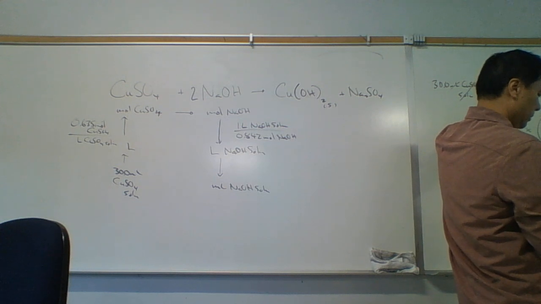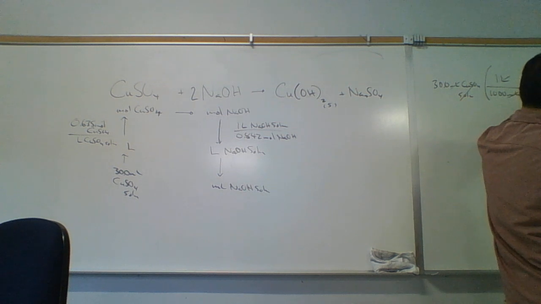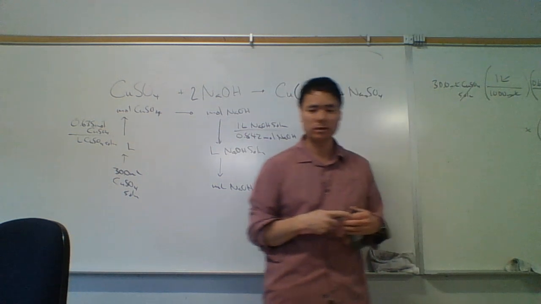So 30 divided by 1,000, I want to see what the number was before, times 0.635 times 2, divided by 0.842, times 1,000. 45.249, 45.24 milliliters of sodium hydroxide solution, which is 45.2 milliliters of sodium hydroxide solution.